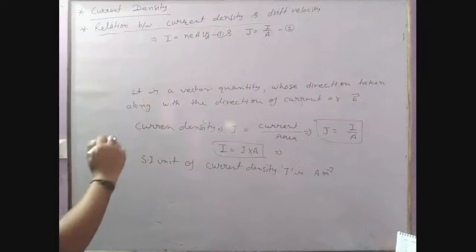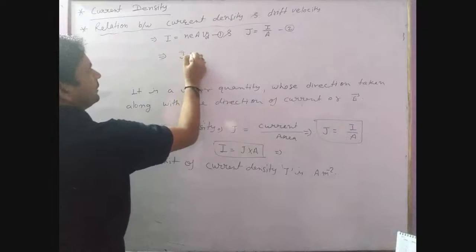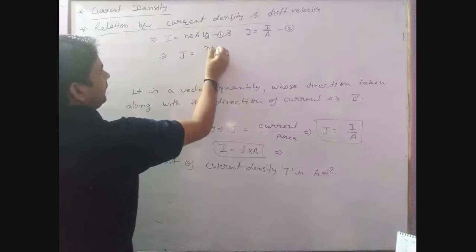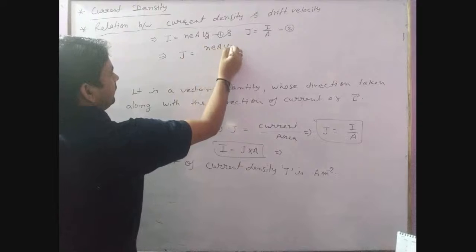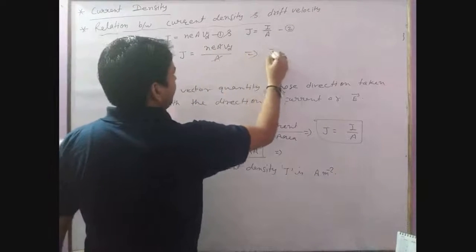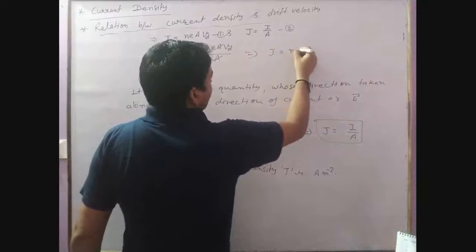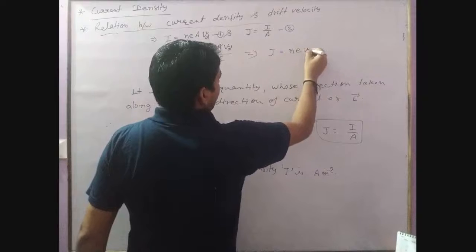Now on using first in second, we get J is equal to nEA Vd upon A. This A is cancelled and we get the result for current density in terms of drift velocity: J is equal to nE Vd.